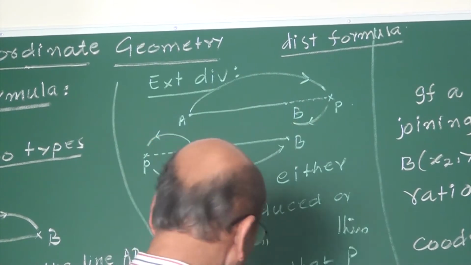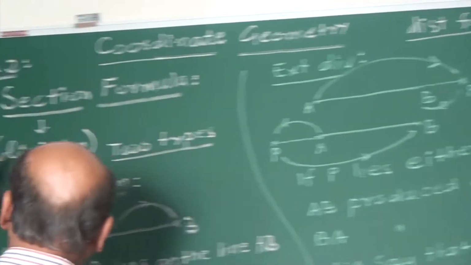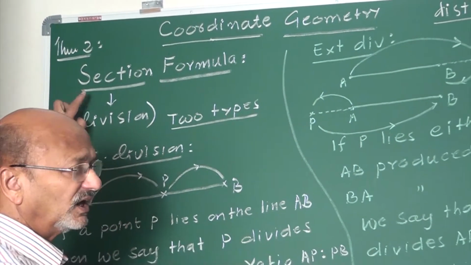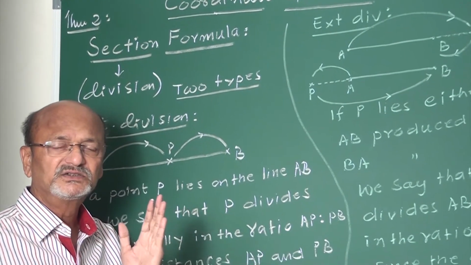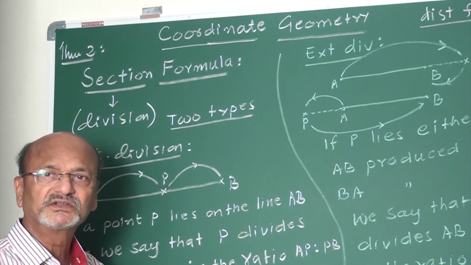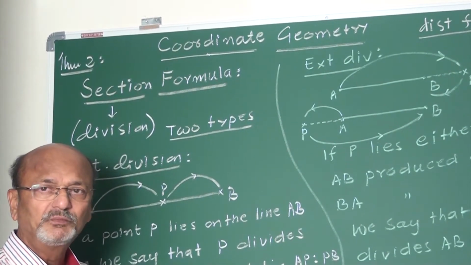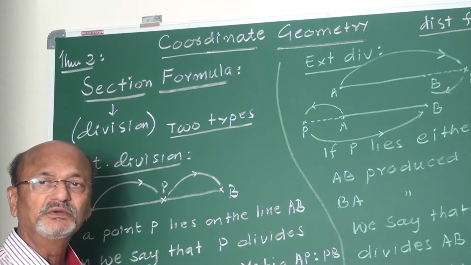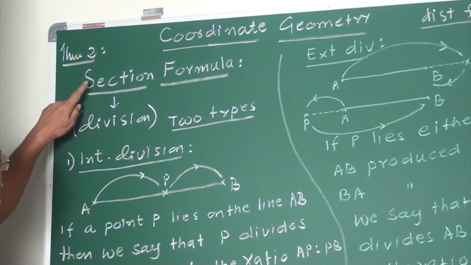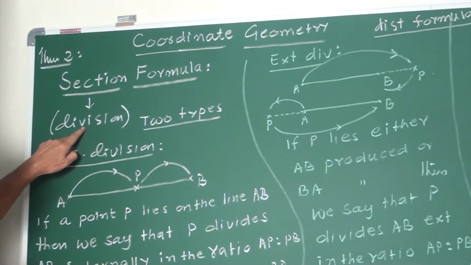See, in the case of the section formula, what do you mean by section? You are doing the section of a line. What do you mean by the section of a line? Division of a line. You are making pieces of a line. Piece means division. Therefore, by section we mean division.